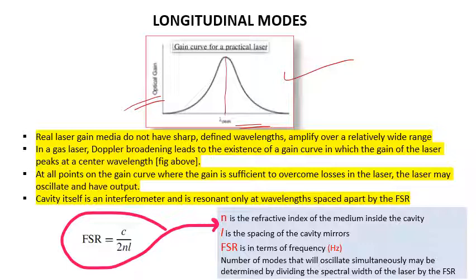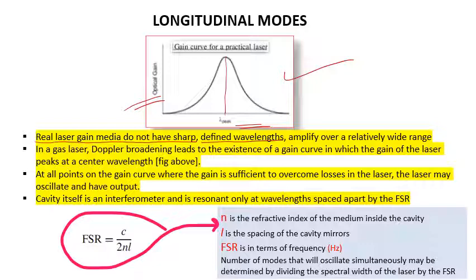The thing is that what is mentioned here are a few points: real laser gain media do not have a sharply defined wavelength. In reality, the gain medium does not have a sharply defined wavelength.